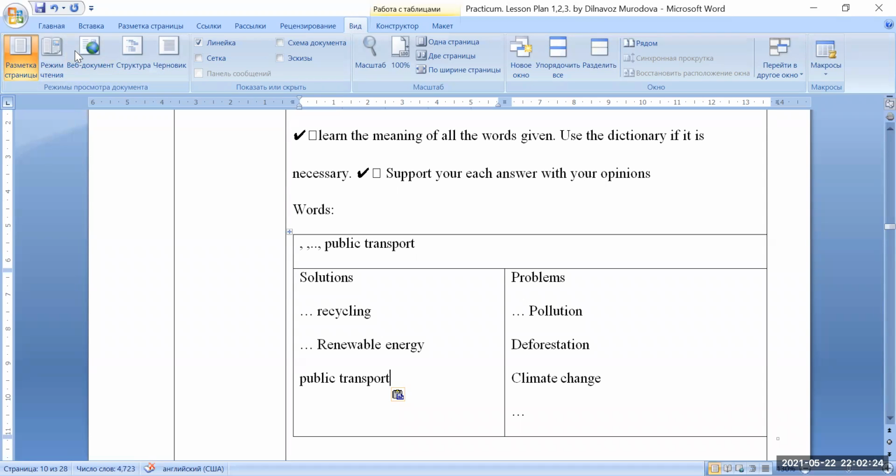When we have a lot of cars in the city, as a result we have air pollution. In order to solve the problem of air pollution, we have to minimize the number of cars. One way is to use public transportation instead of private cars. We have to educate people about this problem and tell them that it's better to use public transportation rather than their own car.